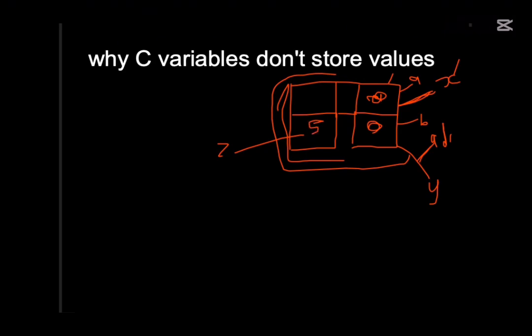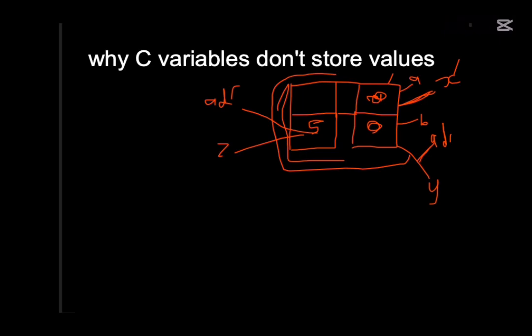There's no way your computer can retrieve this without an address, because the memory has a lot of compartments, so it's not going to know where your compartment is. So each variable has an address, and this address is what points to the compartment where the value is stored.